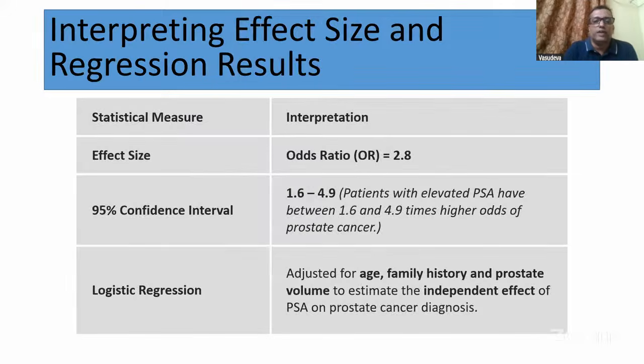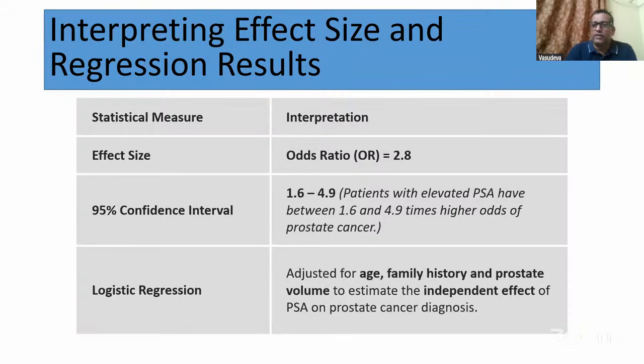Now for a categorical outcome variable, I said that we'll be using frequency and percentages. Later, I'll use an effect size called the odds ratio. So in this example, I got 2.8. So what is it? The odds of elevated PSA is 2.8 times in one group as compared to the other group. I also gave the 95% CI, which is 1.6 to 4.9.